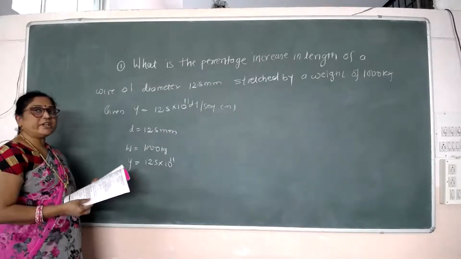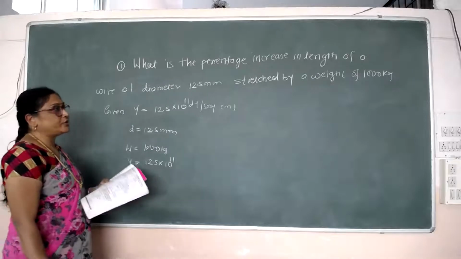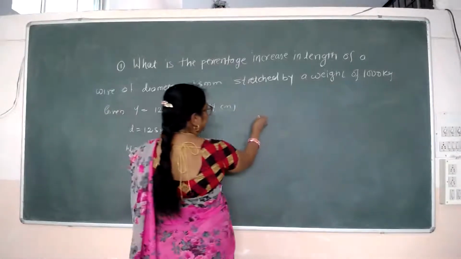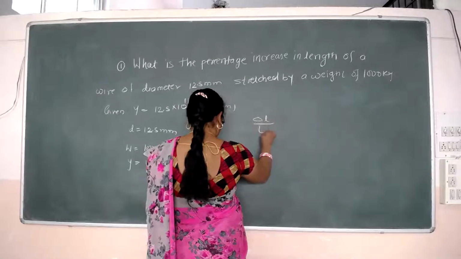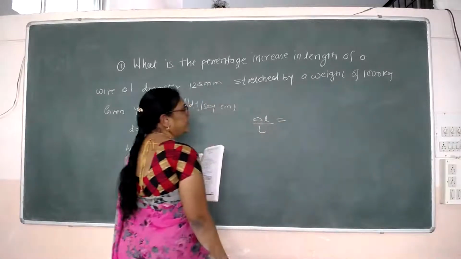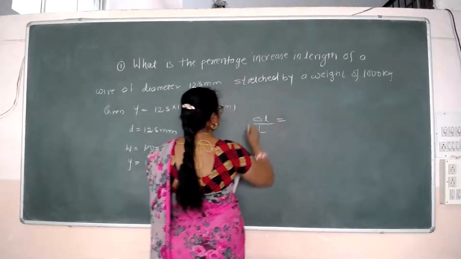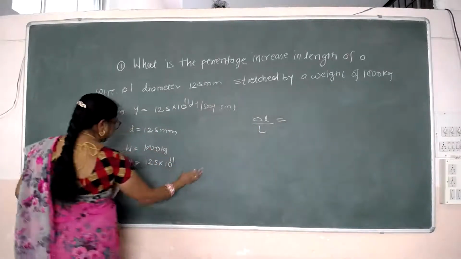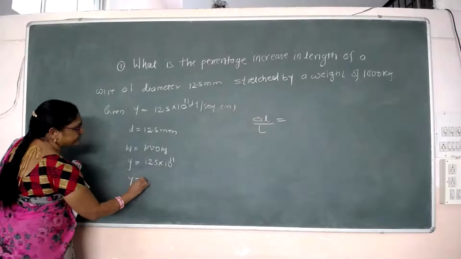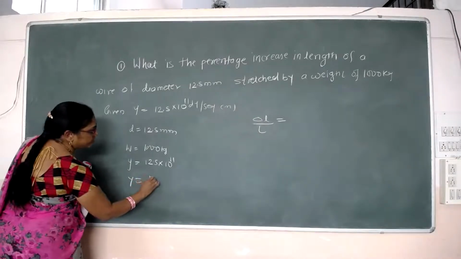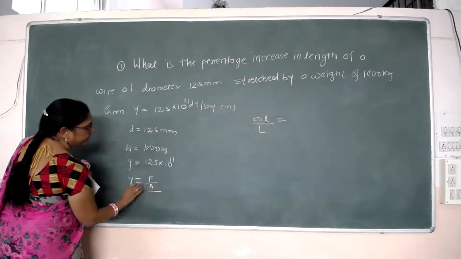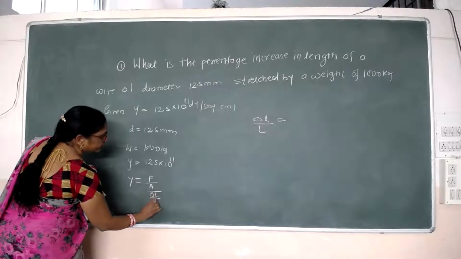So to find the ratio of the change in length to the original length, we know the related formula: Y is equal to stress by strain. Stress is the force per unit area, divided by the strain, that is the change in length to the original length.